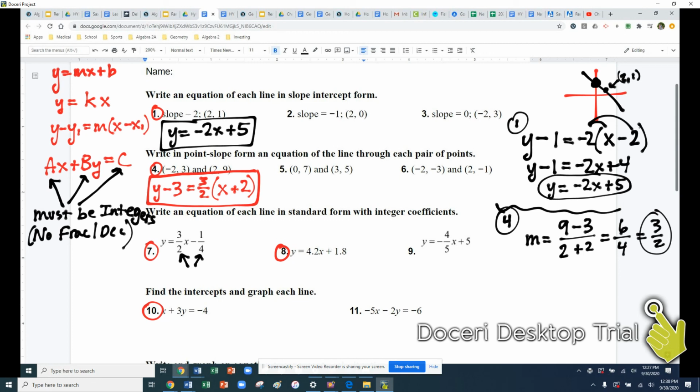When you're multiplying fractions by a least common multiple of their denominator, you're going to be able to clear the denominators of your fractions. We're going to show that right now. So now that you found that the LCM is 4, you can take and multiply your whole equation by 4.